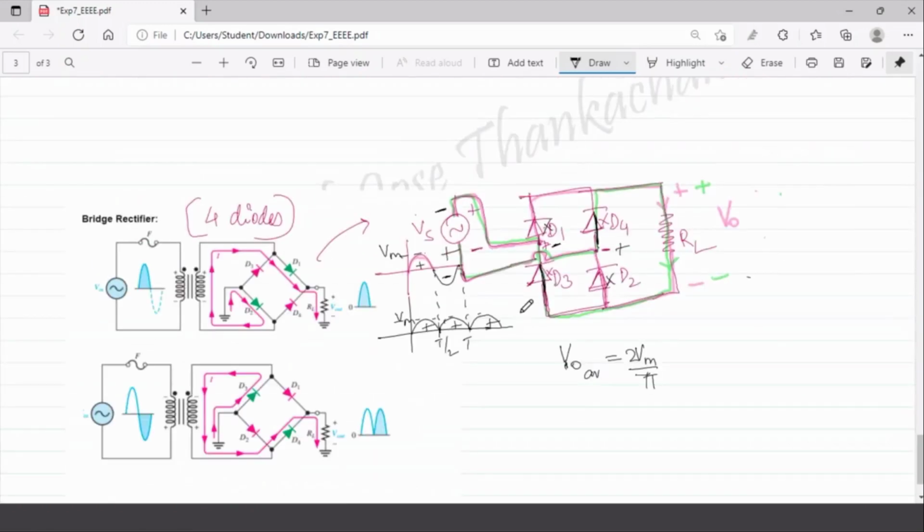And RMS value here will come out to be V0 RMS equal to Vm divided by root 2. Ripple factor will be the same. How much? 0.4834. This will come out to be the same for both the cases here. I hope this is clear to all.